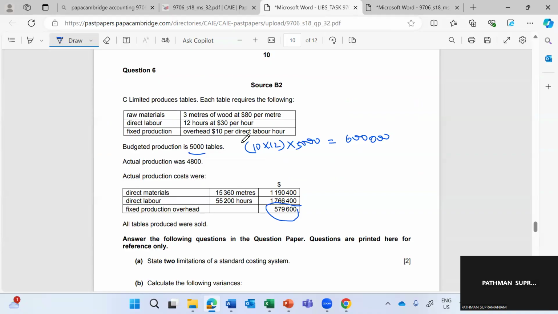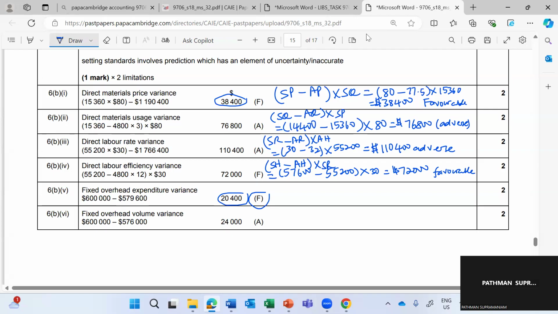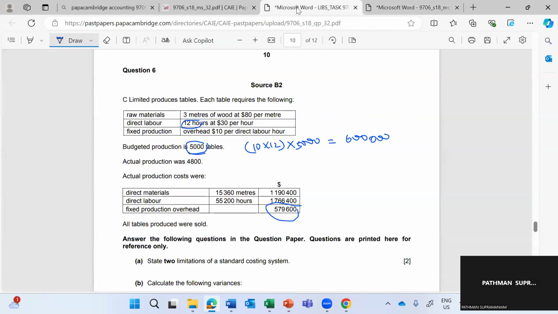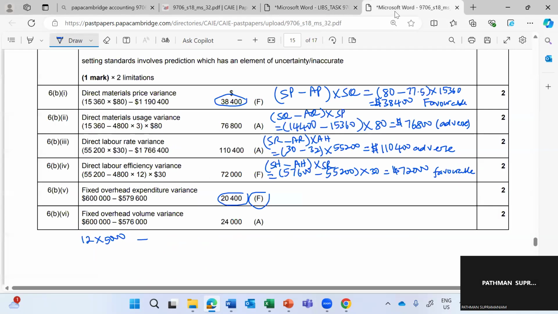The budgeted hours is 12 hours per unit times 5,000. So 12 times 5,000, this is the budgeted hours. The standard hours is 12 times 4,800.